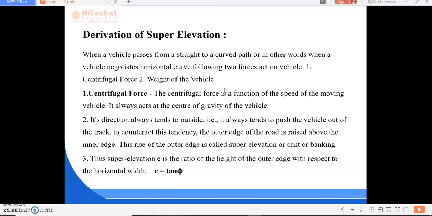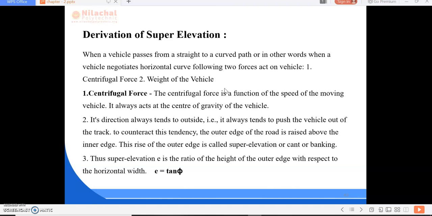Next is the derivation of super elevation. When a vehicle passes from a straight to a curved path, or in other words, when a vehicle negotiates a horizontal curve, two forces act on the vehicle: first, centrifugal force, and second, the weight of the vehicle.